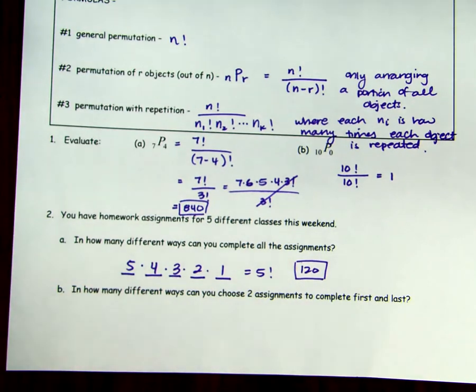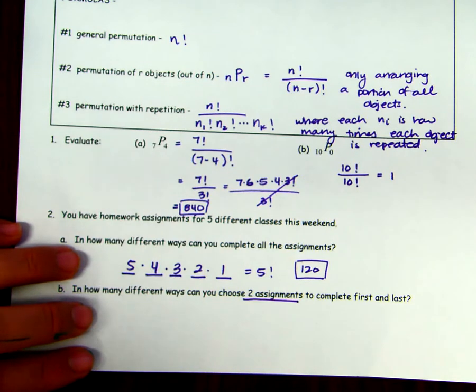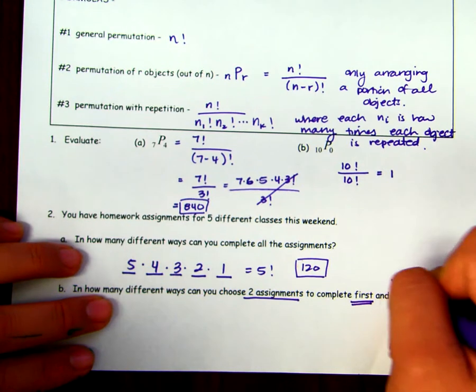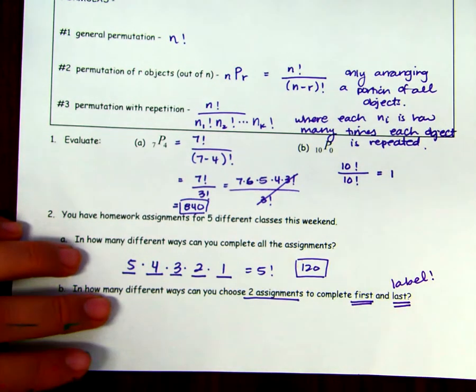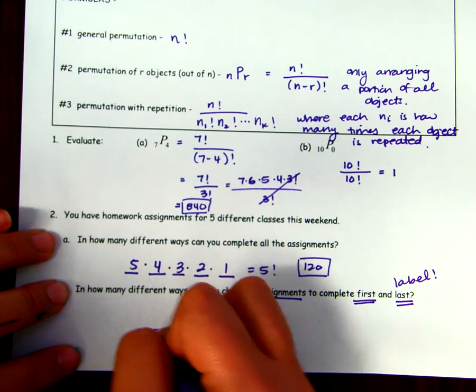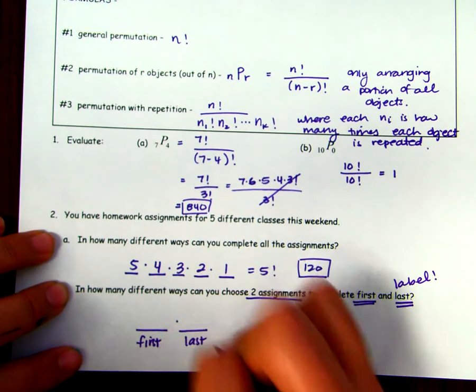Part B. In how many different ways can you choose 2 assignments to complete first and last? So in this case, we're no longer arranging all of them, we're only arranging 2 of them. But more importantly, we're applying a label, first and last. And whenever you have a label, you're going to have a permutation. So I'm looking at how many options I have for the first, and how many options I have for the last.